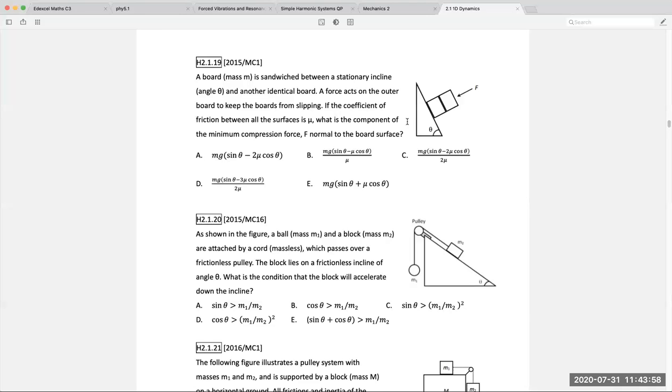Let me draw the two boxes. May you draw those forces in terms of arrows on the screen.